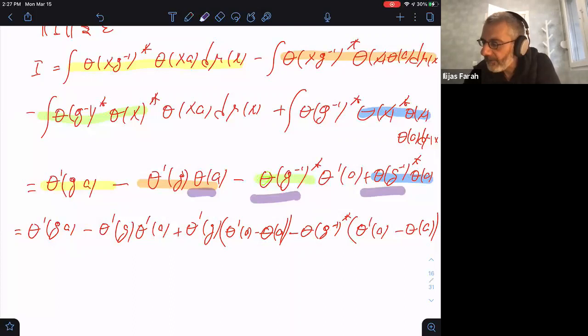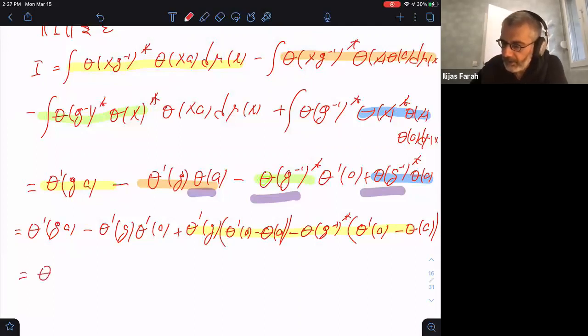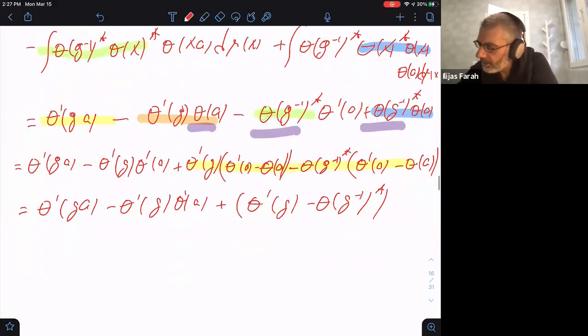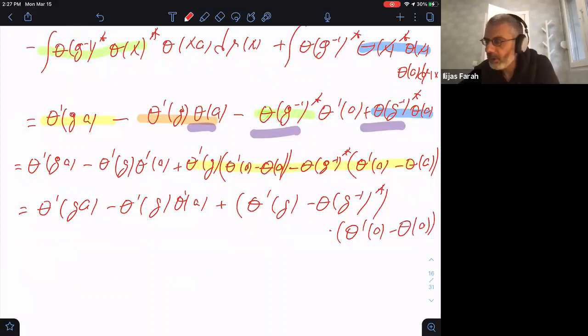So now you can see we can factorize this part here. So what we get is theta prime GA minus theta prime G, theta prime A, plus theta prime G minus theta G inverse star, times theta prime A minus theta of A. Now, why did we do all that?